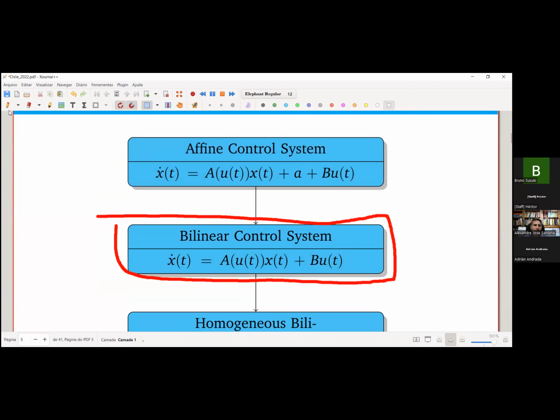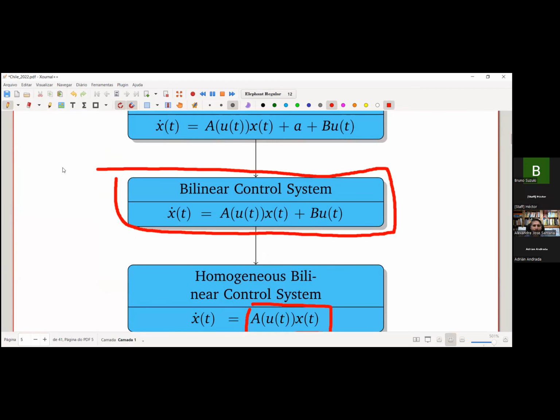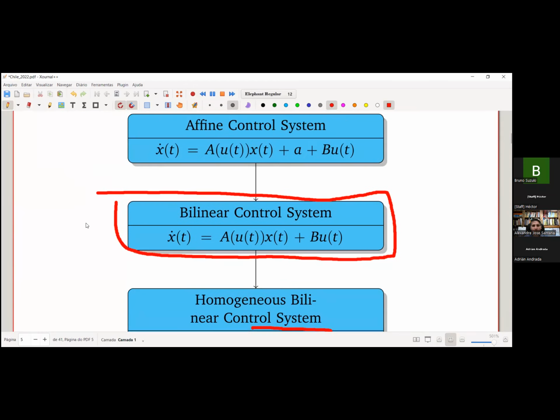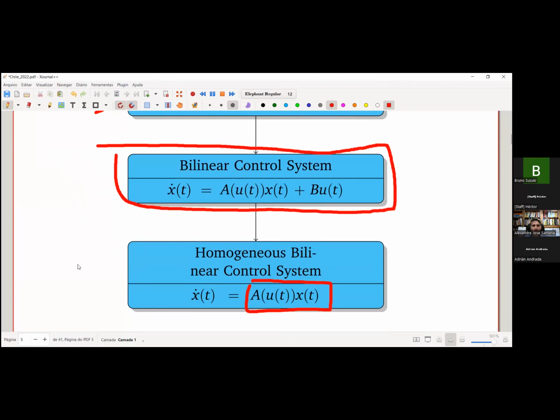So the idea of these mathematicians was to find the conditions for the controllability of this system from its homogeneous part.